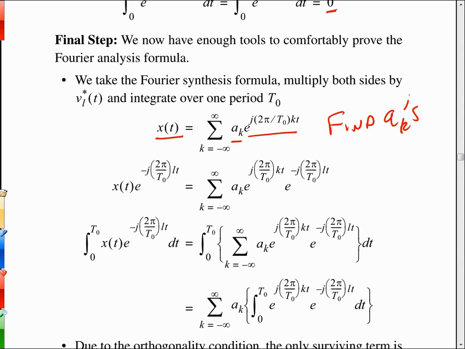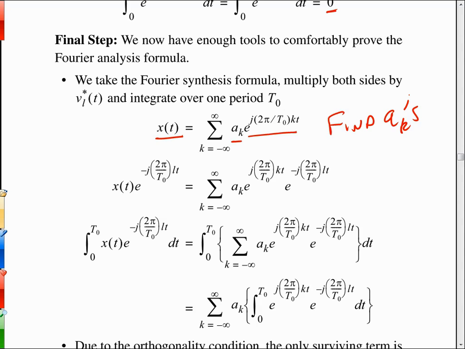So this is going to seem kind of like an arbitrary thing, but what this proof entails is just saying let's multiply both sides of that equality by something, and then let's integrate both sides over the same interval. In other words, treat both sides identically. Let's multiply this side by the same thing we multiplied the other side by, maintaining equality.